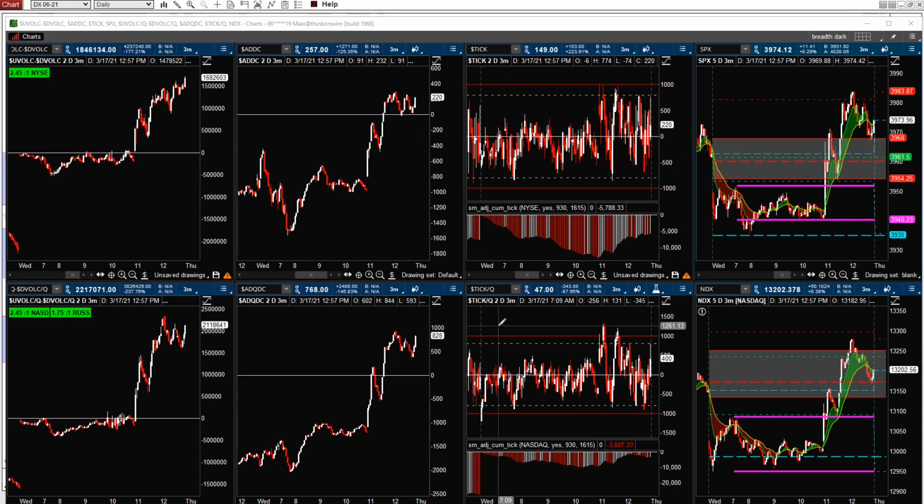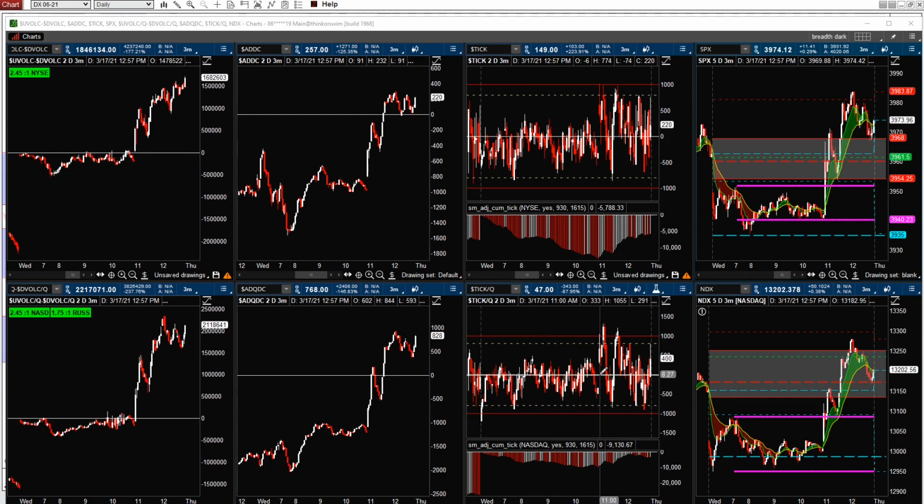And the same thing with the cumulative tick for the NASDAQ, predominantly negative, and it finished off the entire day negative. But you can see that in the morning session there's a lot of selling pressure here. You see a lot of negative ticks down here, and a lot of touches below minus 500, and some at minus 800.